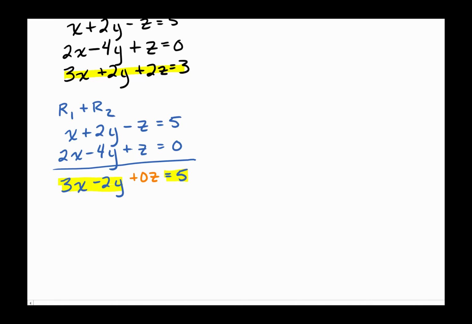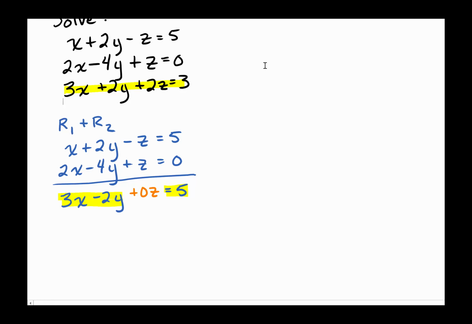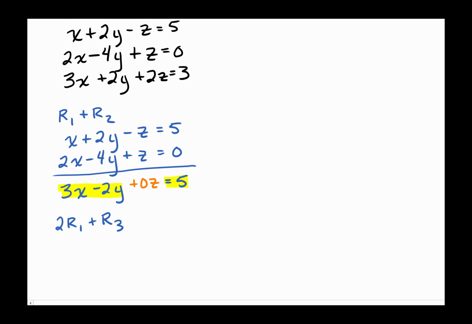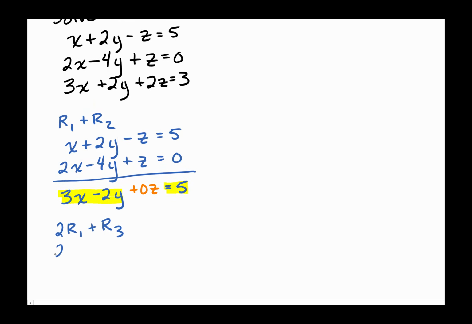So it makes sense for me to probably use row 1 because it's got this negative sign already built in. And of course I have to use row 3, so I'm going to need to take 2 times row 1 and add that to row 3. So let's do that. 2 times row 1 is going to be 2x plus 4y minus 2z equals 10.